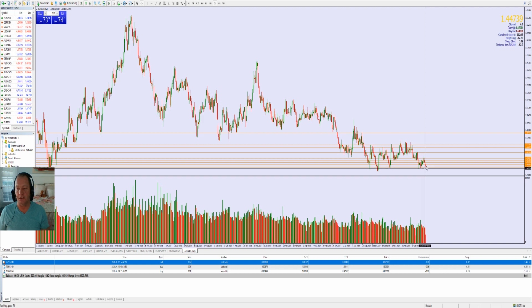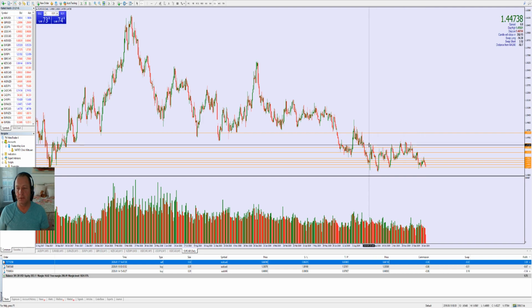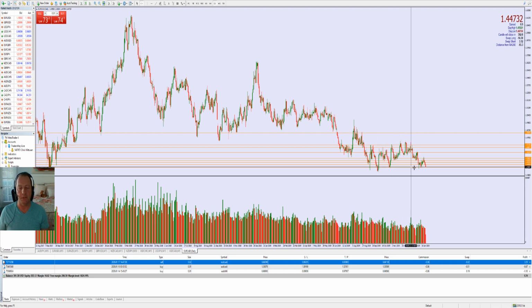We have a consolidation here, but overall on daily, this is a consolidation, right? This area here, that's a consolidation in itself. And we sold into it.